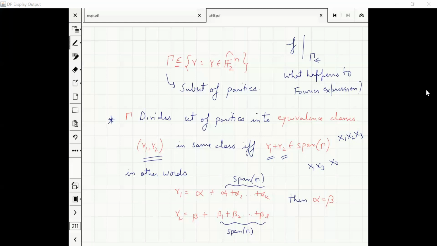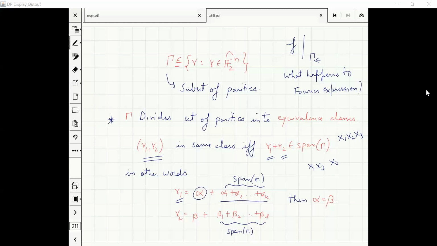Right? The way to think of this is, if gamma 1 is written, you first talk about gamma, the big set of parities, and you find a basis of that. This is what Vatsal was also suggesting. You write gamma 1 in terms of gamma and then some alpha.